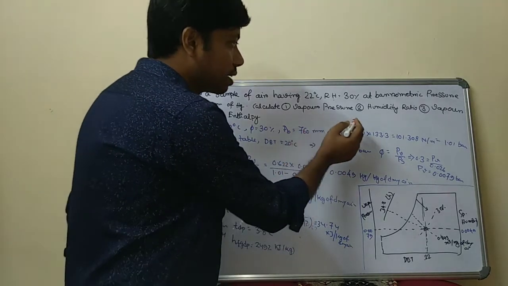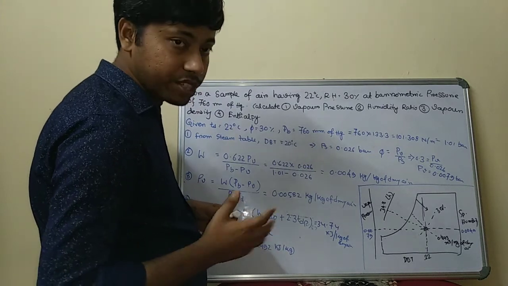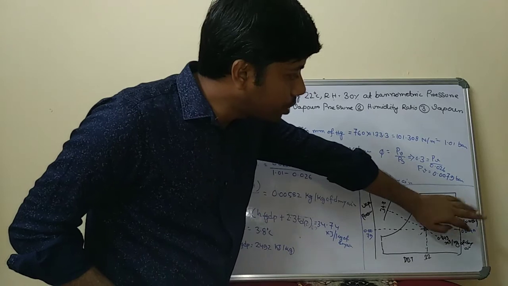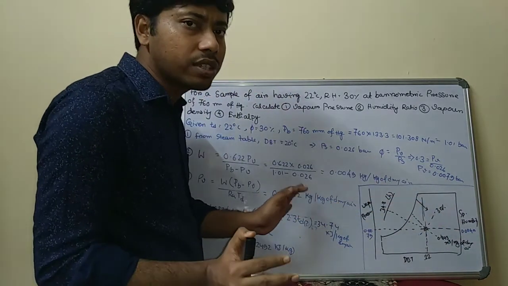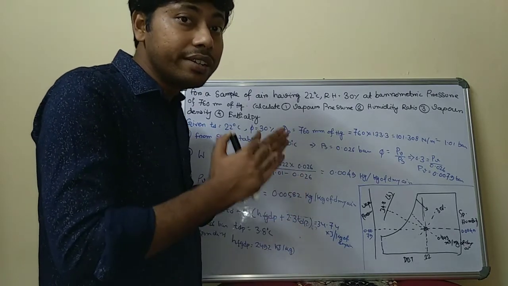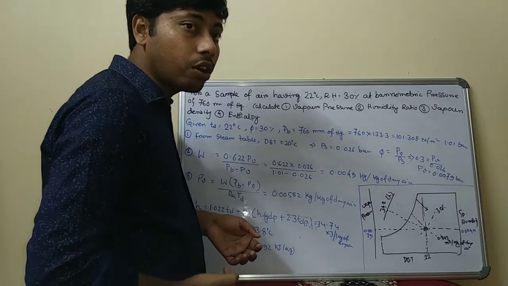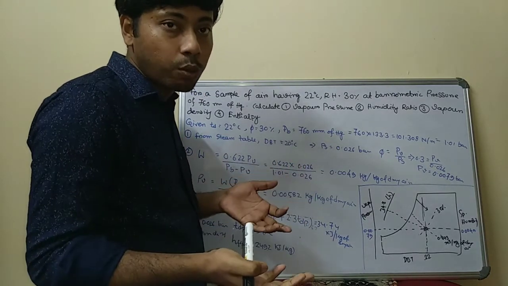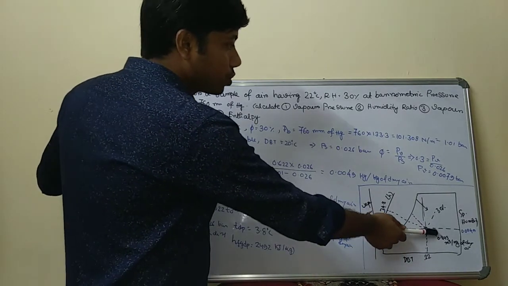Now the second one is humidity ratio, also sometimes called specific humidity. Similarly, if you draw this line in this way, you can get the value of specific humidity. So there is no need of calculation at all. This is the interesting part of your psychometric chart. You can easily get all those thermodynamic properties in air conditioning. So this is your humidity ratio or specific humidity.